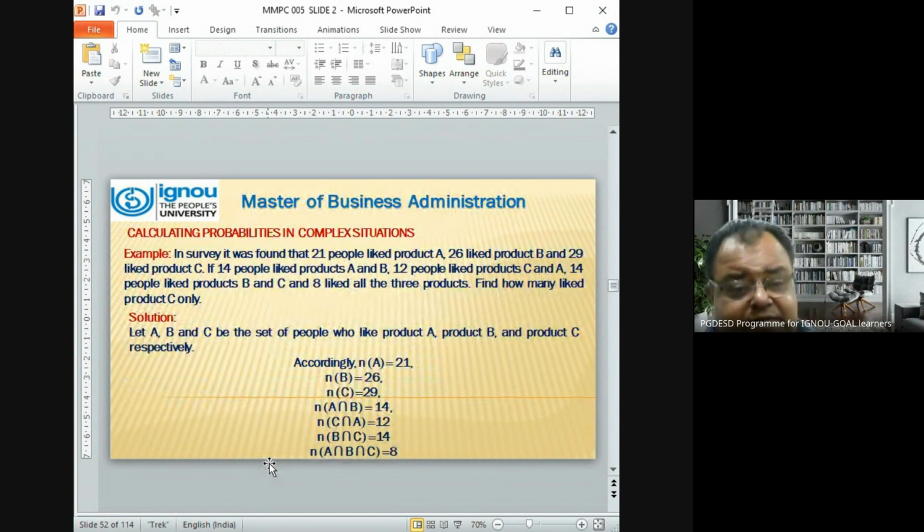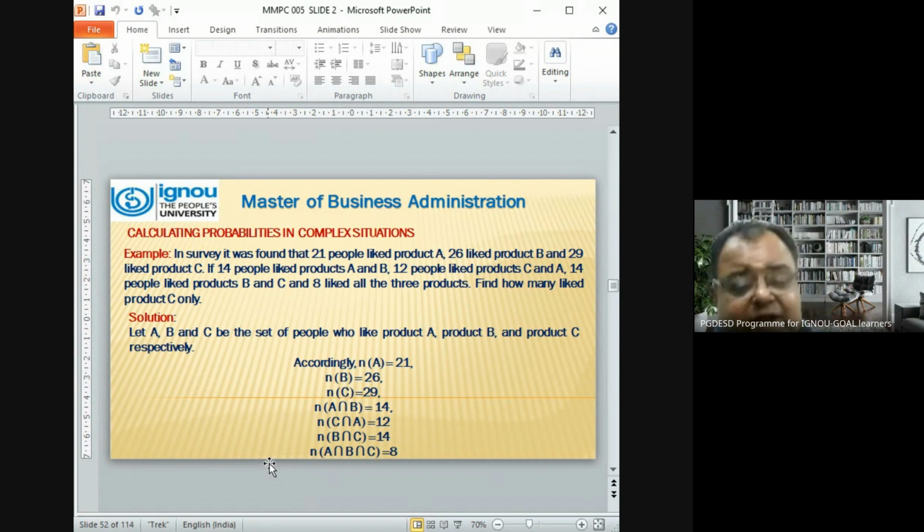In a survey, it was found that 21 people liked product A, 26 liked product B, and 29 liked product C. If 14 people liked products A and B, 12 people liked products C and A, 14 people liked products B and C, and 8 liked all three, we have to find how many liked product C only.